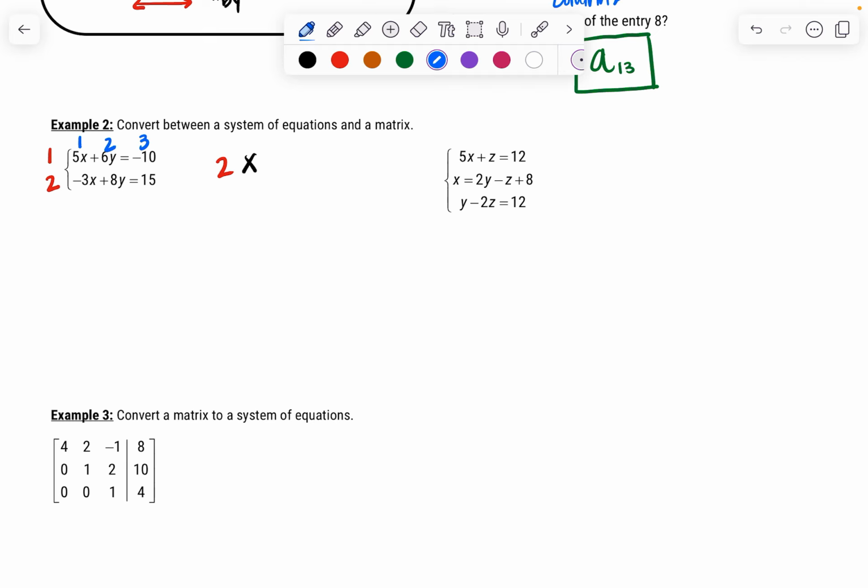Now, sometimes you will see these matrices with a little line splitting the variable side from the answer side where the equal sign is, but it's not something that has to be there. So in this case, we have a 2 by 3. So I like to give myself some space to write out my entries. And again, I'm just going to show you one where the line is there with the equal sign, but again, it doesn't have to be.